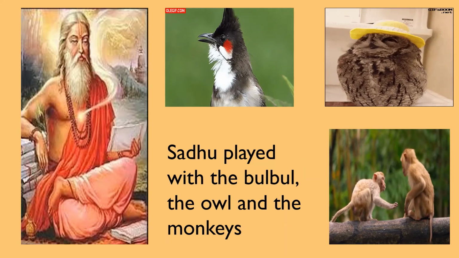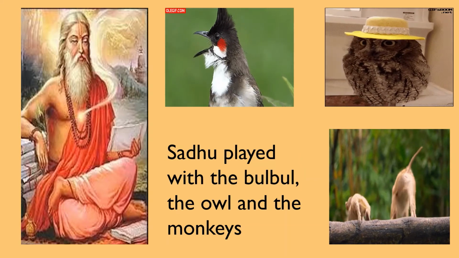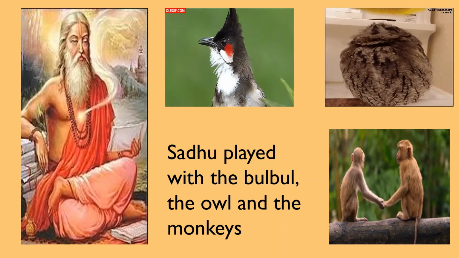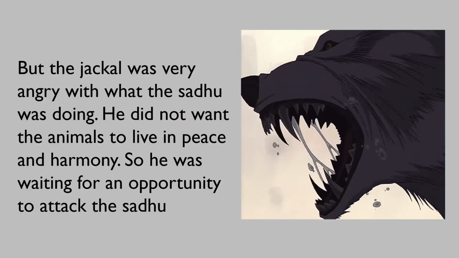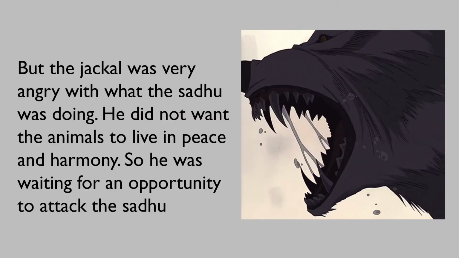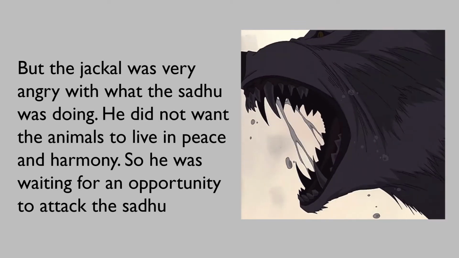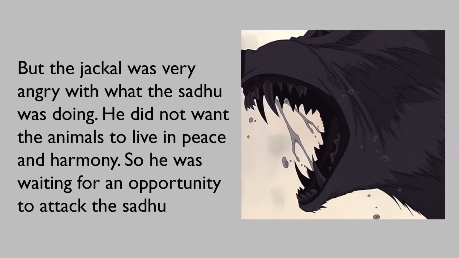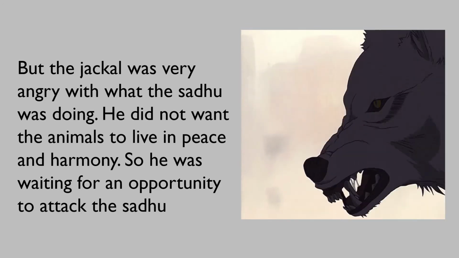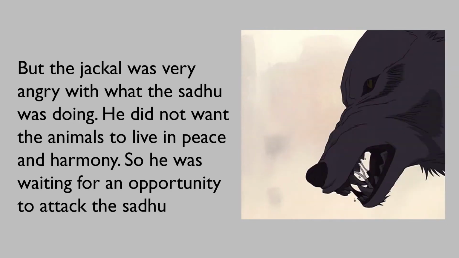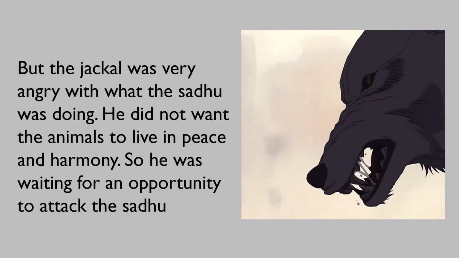But the jackal was very angry with what the sadhu was doing. He did not want the animals to live in peace and harmony, so he was waiting for an opportunity to attack the sadhu. Why was it so angry with the sadhu? Because this jackal, with its cruel thoughts and cunning mind, had separated all the animals.